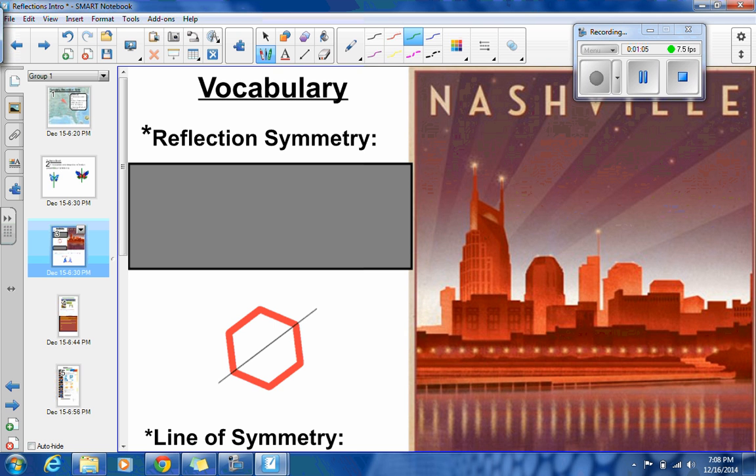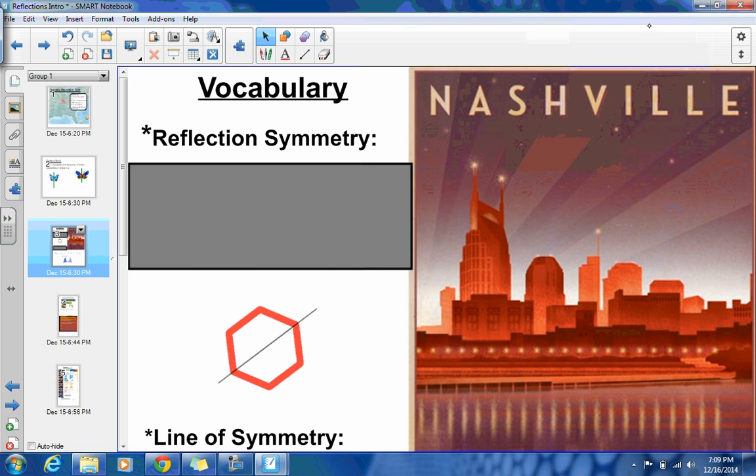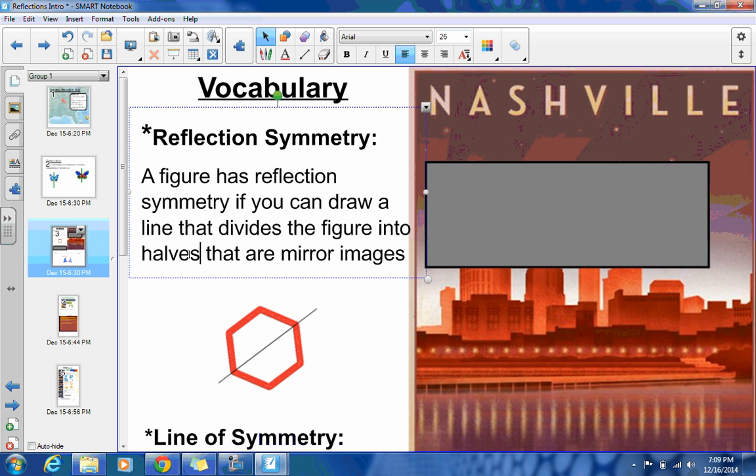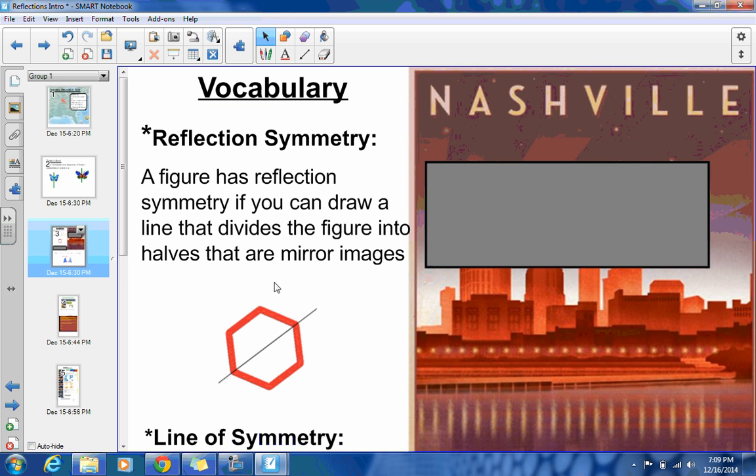So first of all, reflection symmetry. When a figure has reflection symmetry, you can draw a line that divides the figure into halves that are mirror images.